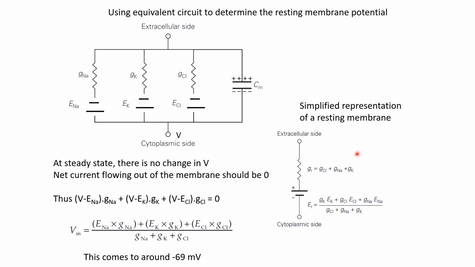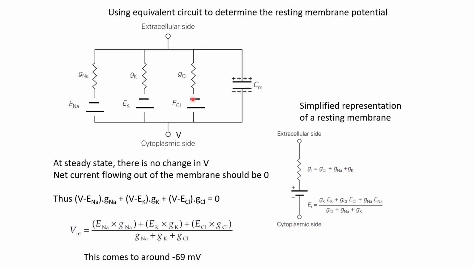And if we want to simplify the representation of the neuronal membrane, we can combine these three into a single type of conductance, where the total conductance will be the sum of these three conductances, and the battery can be replaced by this final voltage. So these three types of channels can be thought of as this single type of channel with this total conductance and this equilibrium potential.